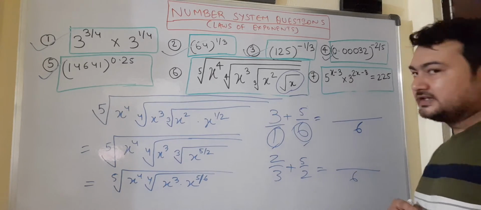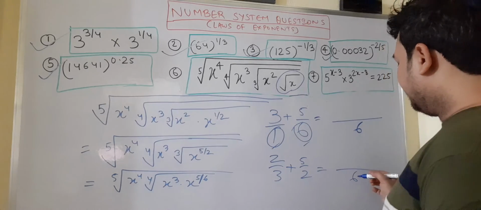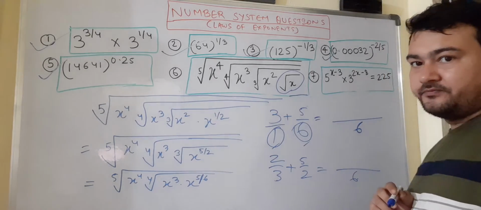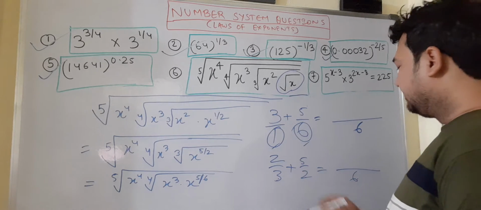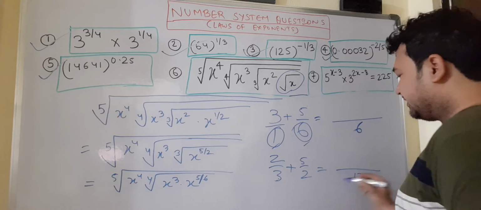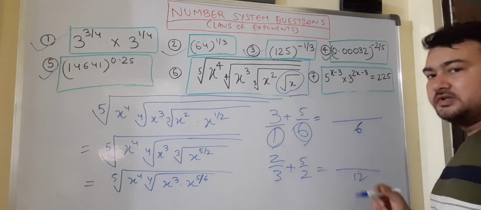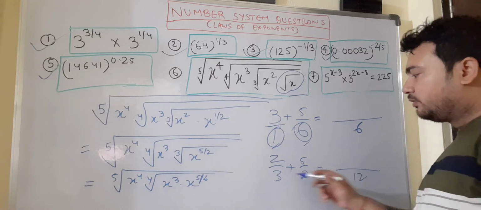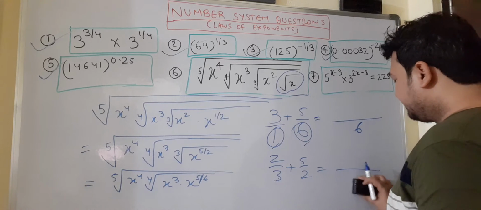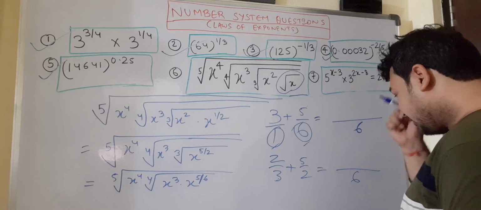Why are we taking the LCM? LCM is the lowest common multiple. See, the basic motto is that 3 can divide it and 2 can divide it. Even if you take 12, 3 can divide it and 2 can divide it, but this is not the smallest one which both of these can divide. 6 will be the smallest one, the common multiple, the common lowest number.